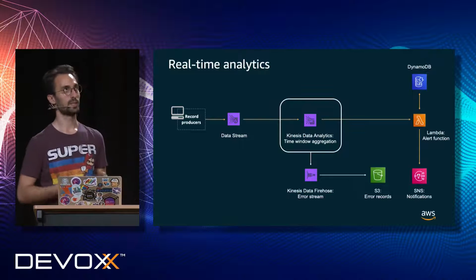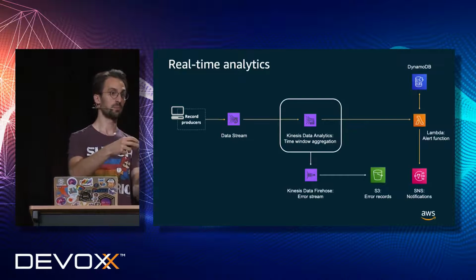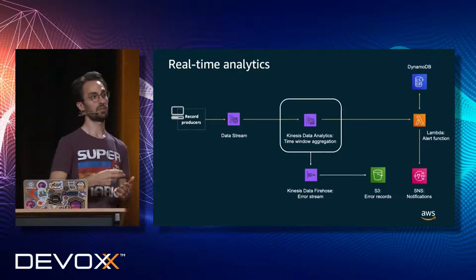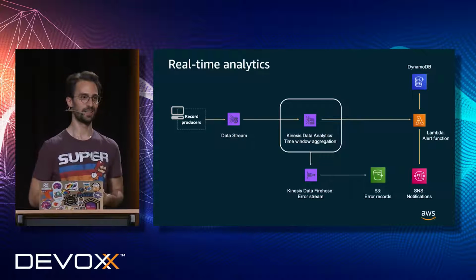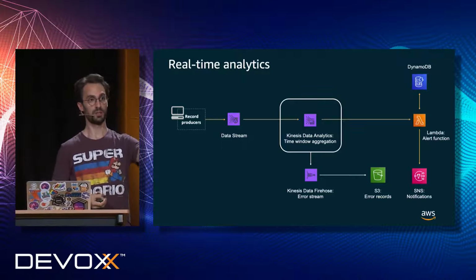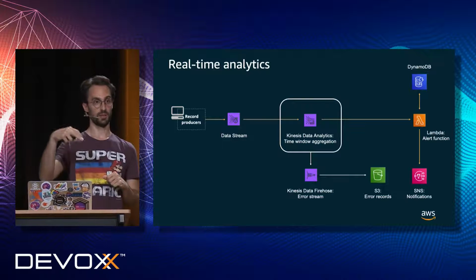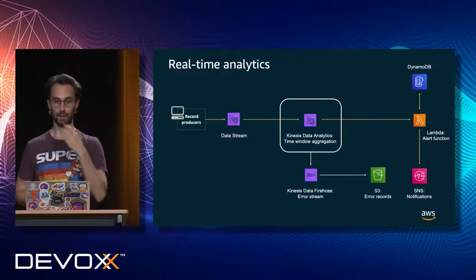And let's say if the temperature of a group of devices, could be a room, is above a given threshold, you want to raise an alarm or get some people to actually go and see what's going on. And you can do that with the Lambda function and say, give the output of this query to Lambda. Lambda will check the threshold, maybe send a notification or store the data somewhere.